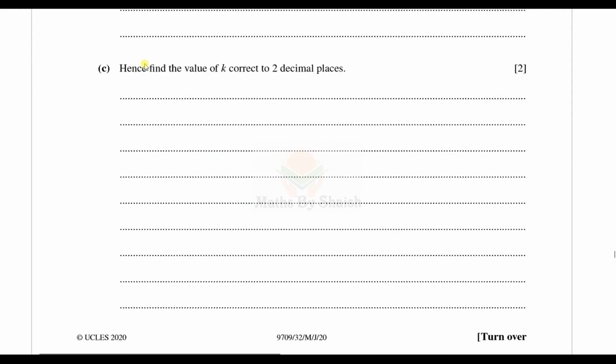So here's the C part. Hence find the value of k correct to 2 decimal places. We know that at x is equal to p, cos p is equal to k over 1 plus p.